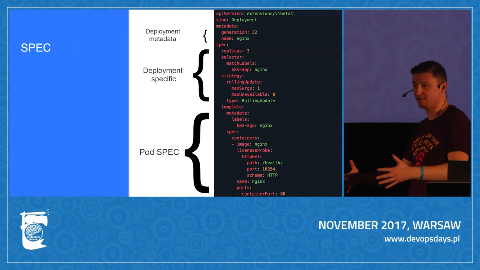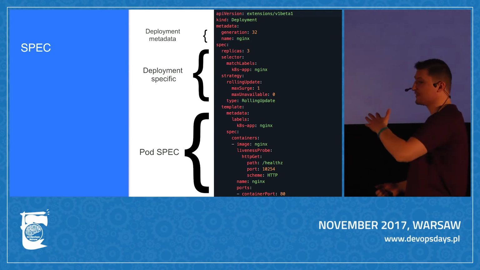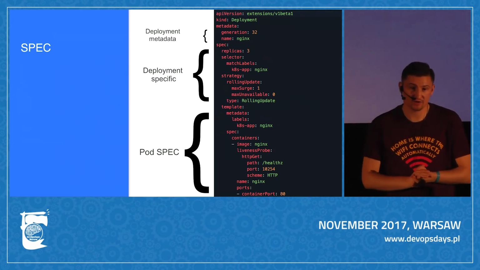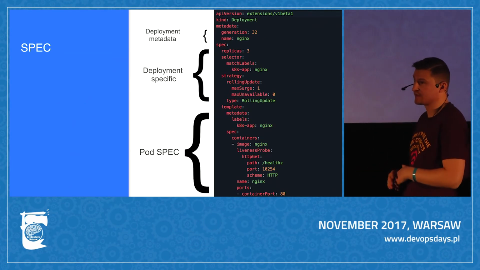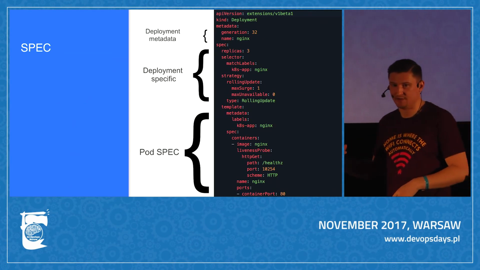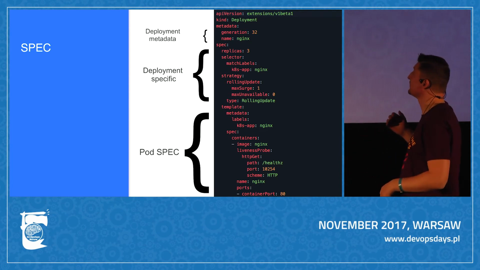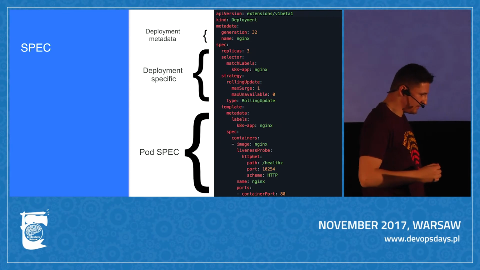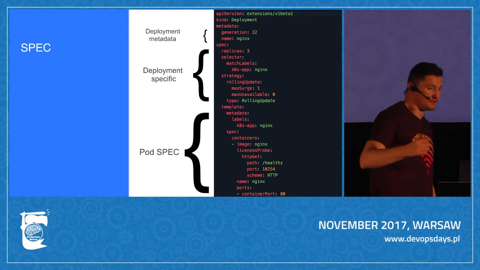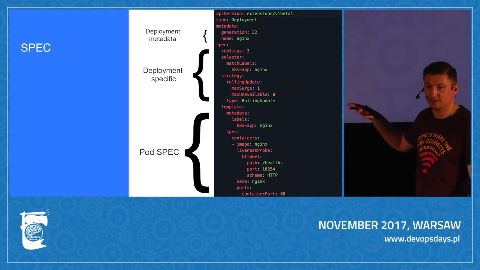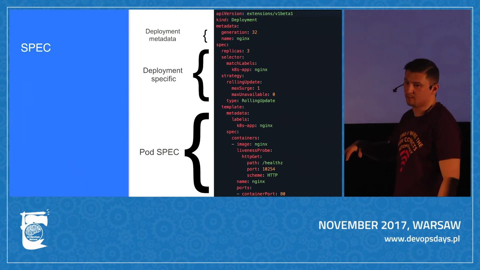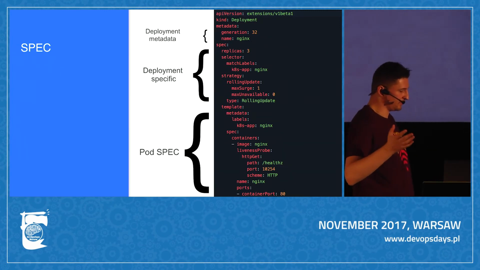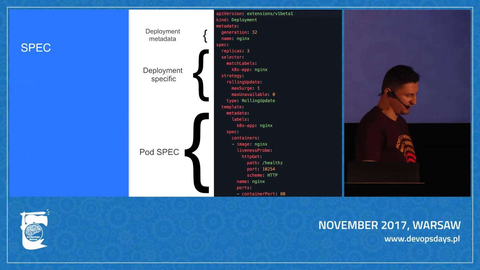Okay, this specification file, how does it look? This is a very simple example of the specification. It defines the object type deployment. And we've got some metadata of this deployment specifying that there is a generation number 32, meaning we've previously had other versions of this specification for the deployment.